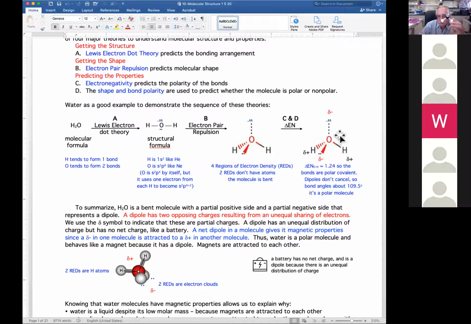So electrons are being pulled from the hydrogen towards the oxygen, leaving a partial positive charge on the hydrogen, putting a partial negative charge on the oxygen. But instead of having a negative charge on the oxygen atom, which would make it look like it's right there on the nucleus, we usually move it out into a p orbital. And you got 2 p orbitals right here that are not bonding. So that's where we put the negative charges.